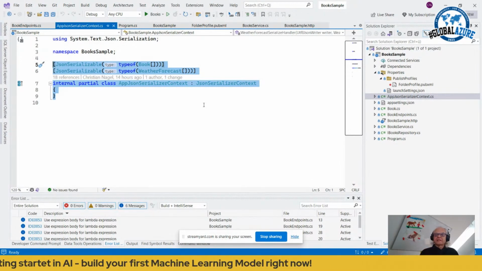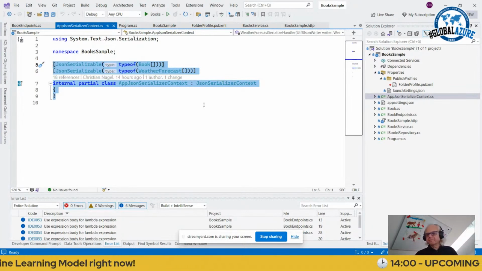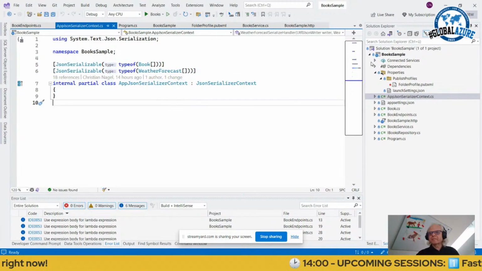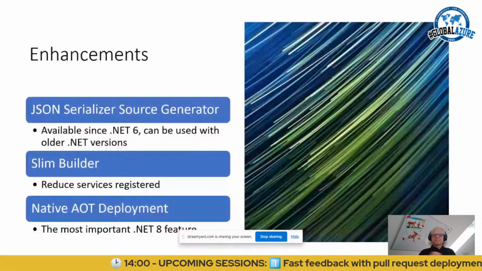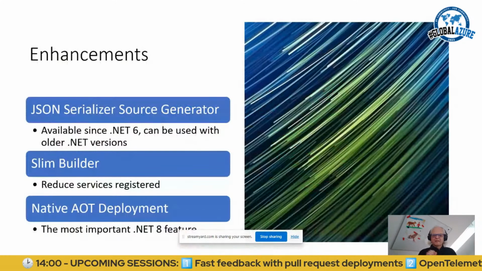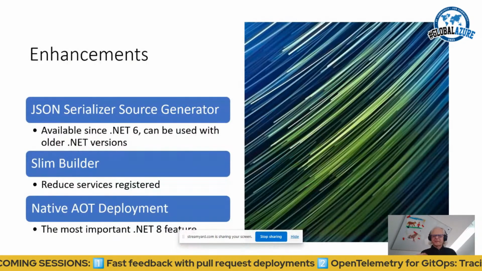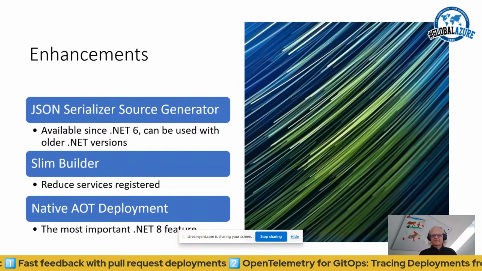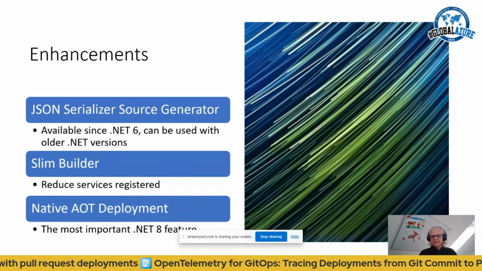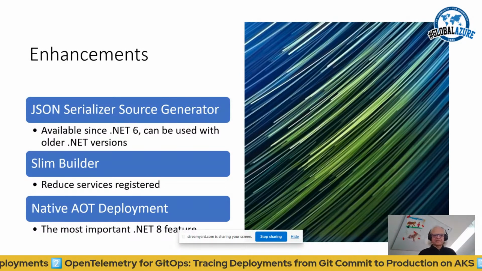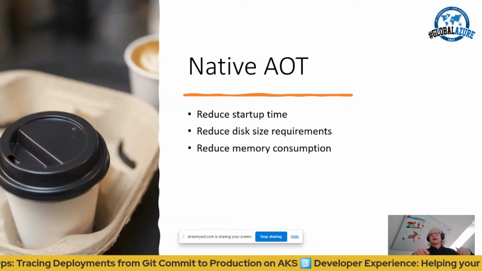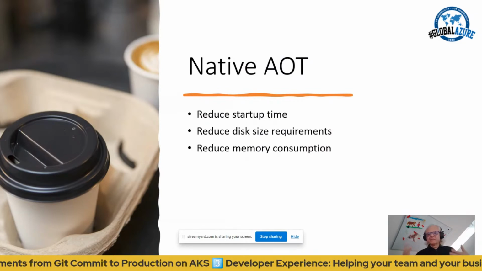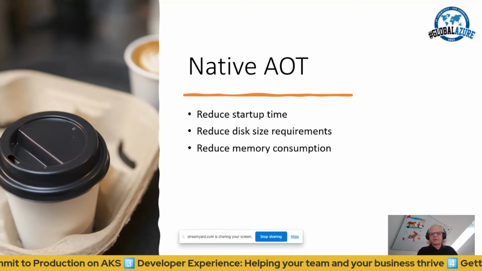And this way you can create native code for your applications. And yeah, this is the most important feature, native AOT with .NET 8. Create native applications directly from .NET, but many things are not working yet. And many things will not work within the .NET 8 timeframe.